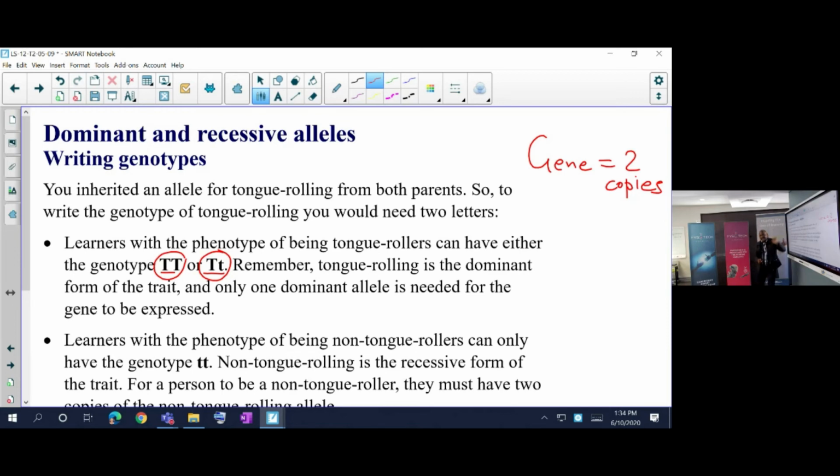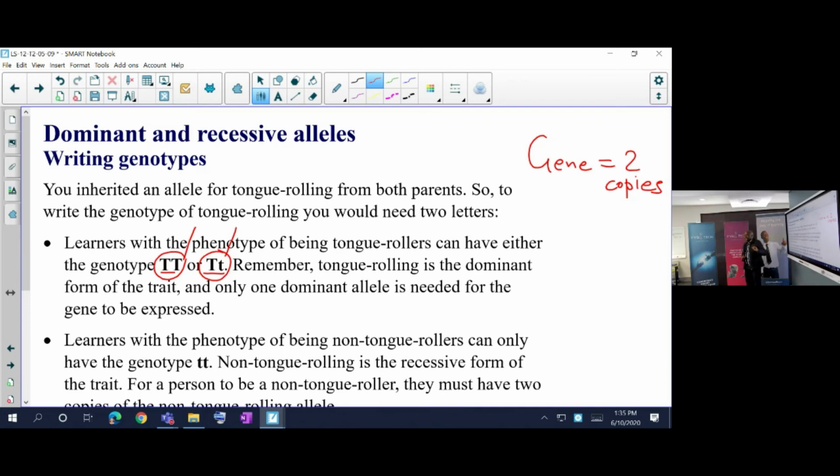She was a tongue roller, and that's what we see. She can roll a tongue, but a phenotype could appear in 2 different forms. She could be carrying the TT or the Tt. She appears as a tongue roller. Why? Because tongue rolling is dominant over non-tongue rolling. So the moment I carry a dominant allele, even if the other one I'm carrying is a recessive, I will still exhibit the dominant phenotype.